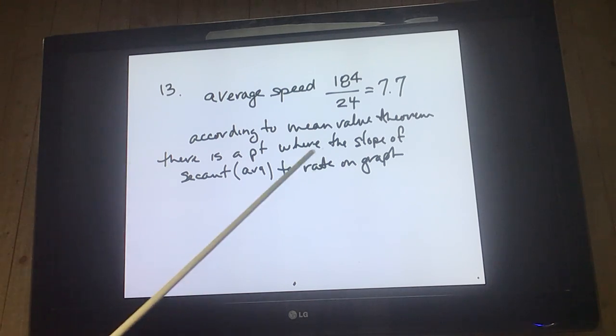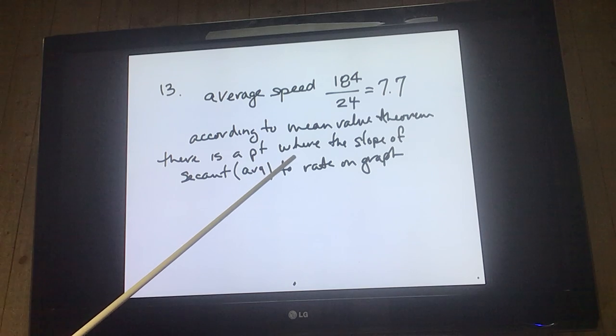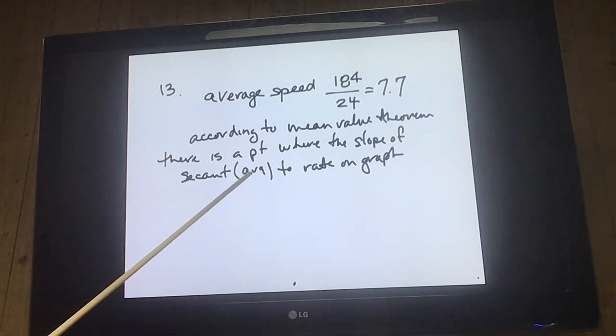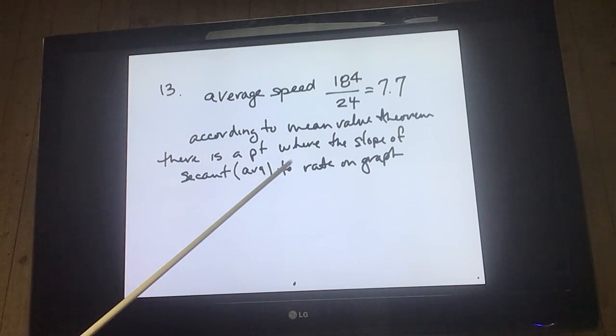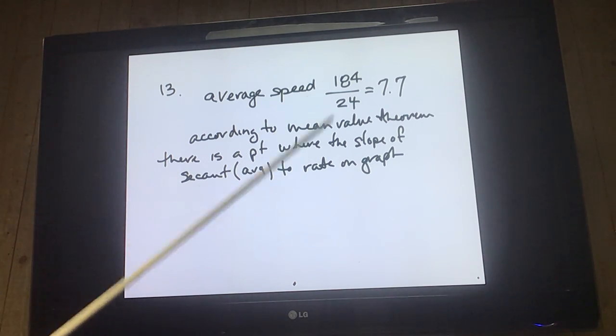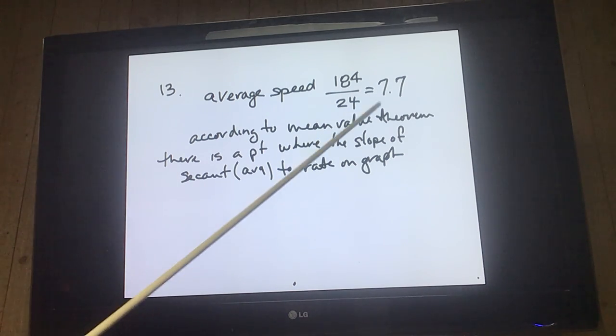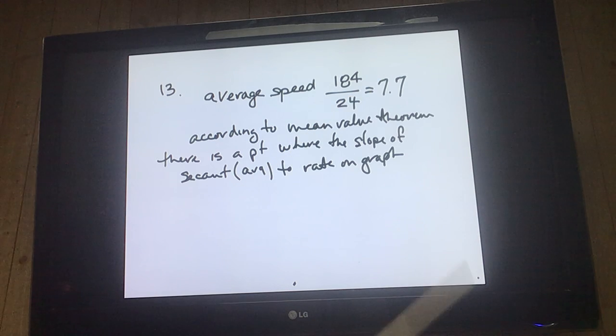It is a continuous function, and according to the mean value theorem, there is a point where the slope of the secant average is equal to the slope of the graph. So yes, there is some point along the way where that boat went faster than 7.5, because my average was 7.7. So that's what they were talking about there.